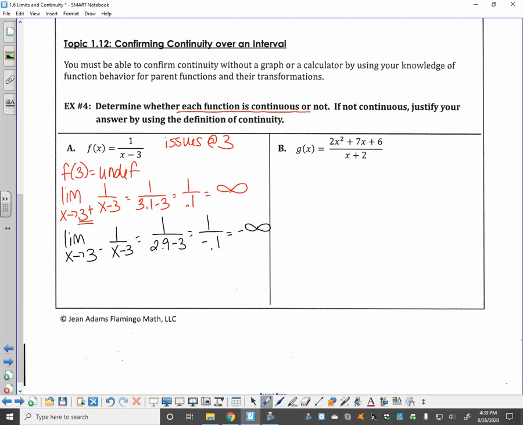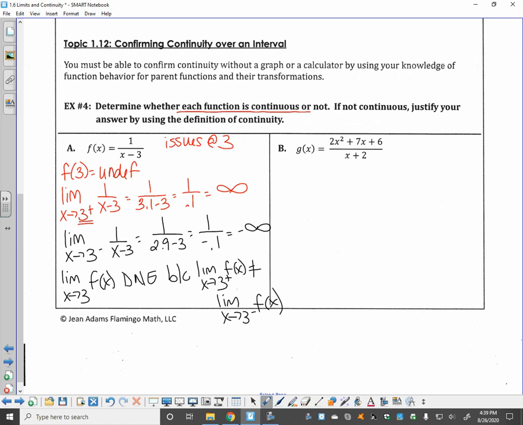Okay, I've just proved that the right and left-hand limits are not headed to the same place. So I can say that the overall limit of f of x does not exist because the limit from the right of f of x does not equal the limit from the left.